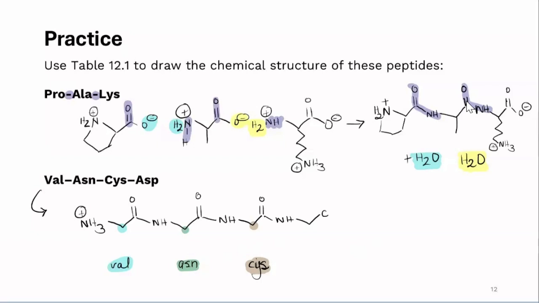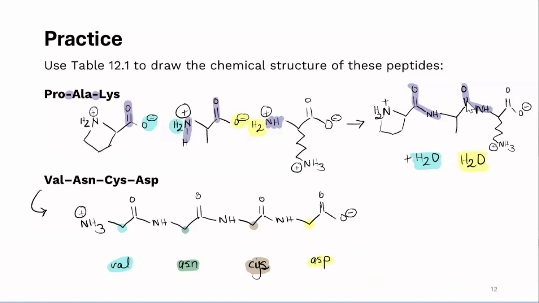And to conclude my peptide, I'm going to write C double bond O bonded to O negative. And essentially, I know to draw this at the end because there's no line after aspartic acid. So the side chain for ASP is written right there.